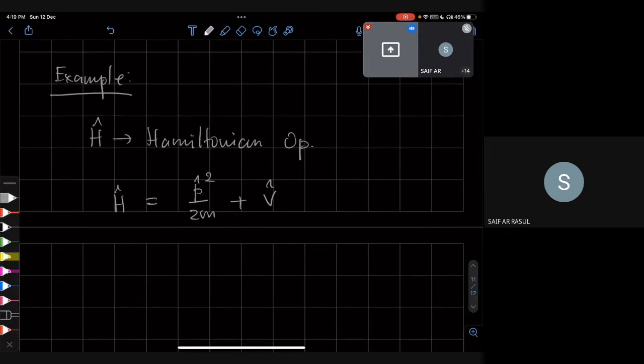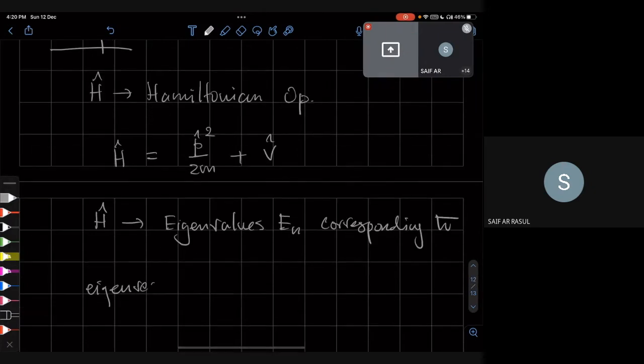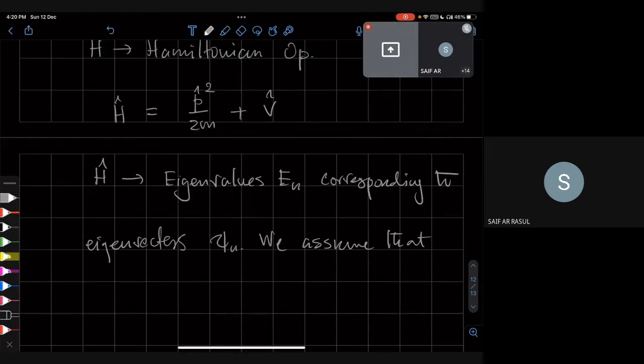So suppose that H has eigenvalues En corresponding to eigenvectors psi n. Now, one technical assumption we have to make at this point is that the eigenvalues are non-degenerate.